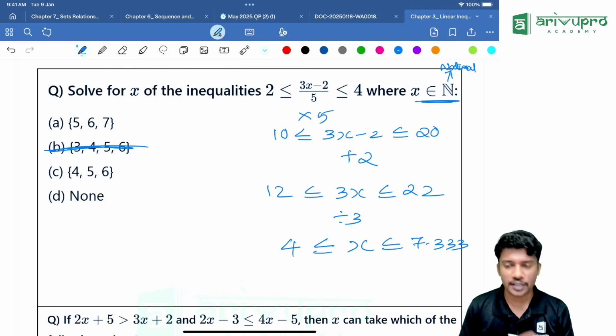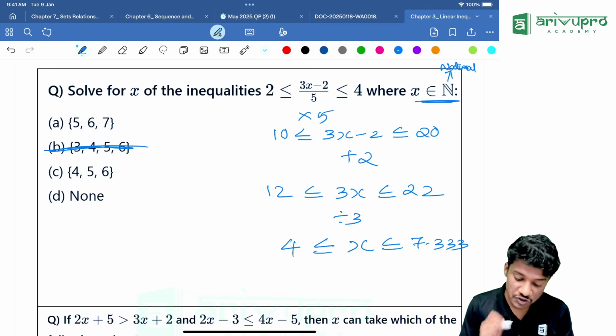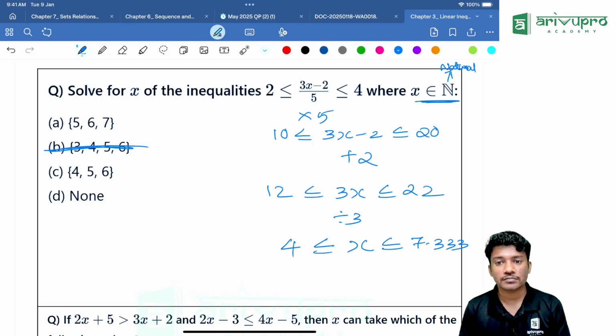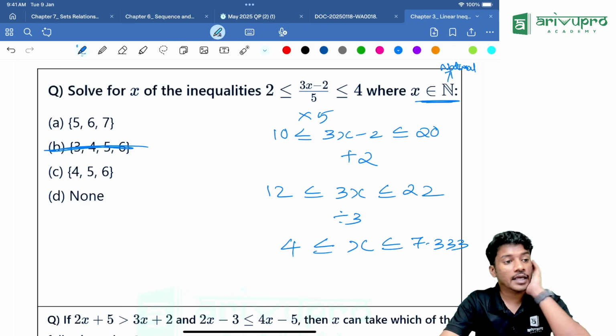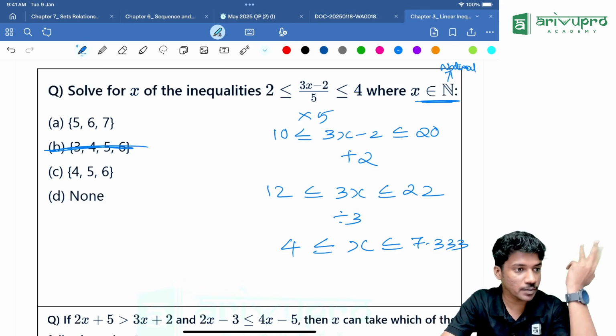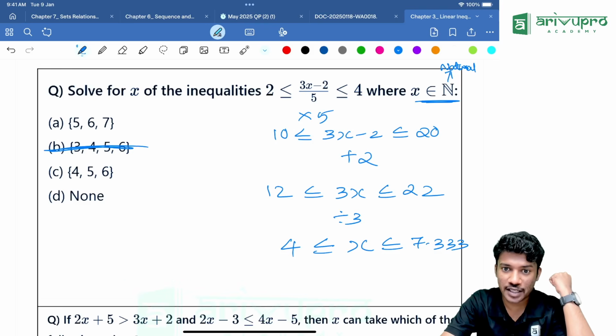Option B is not correct. Then is option A correct? Is option C correct? Why is it not C? It is less than 7 or equal to, so 7 is possible. Then A is also possible.